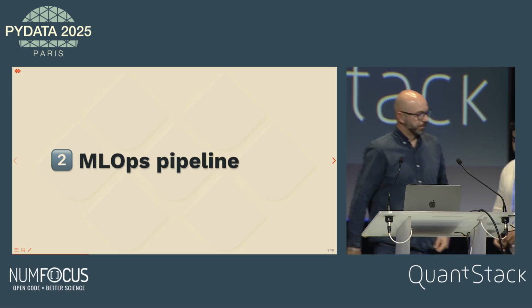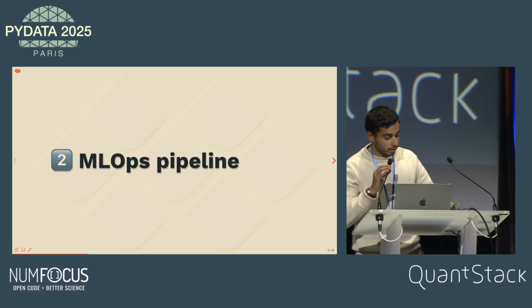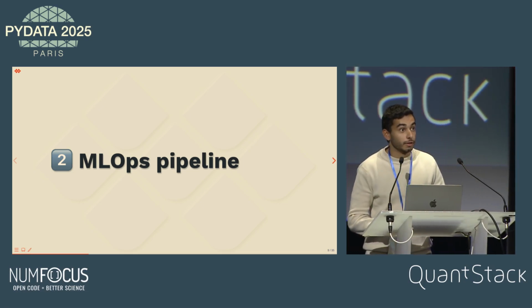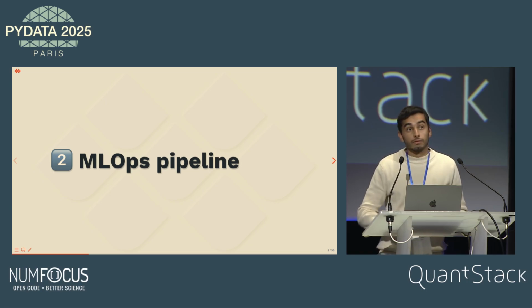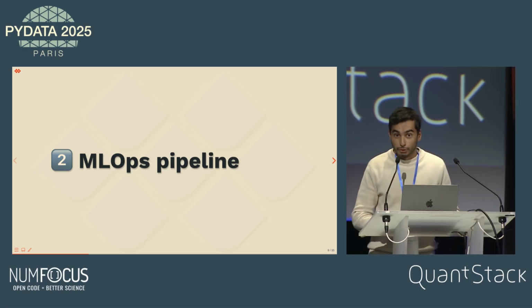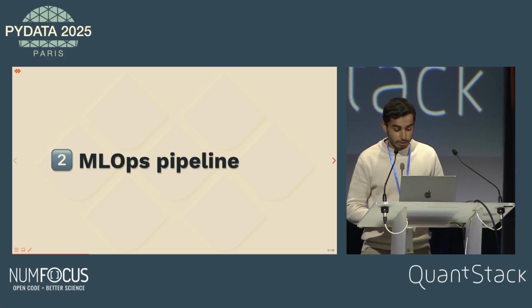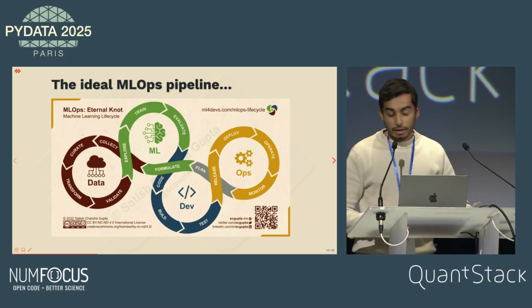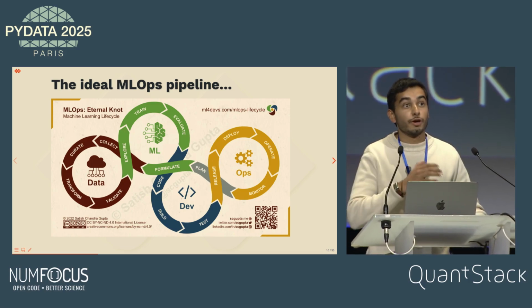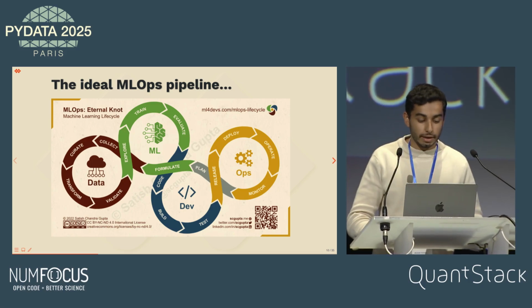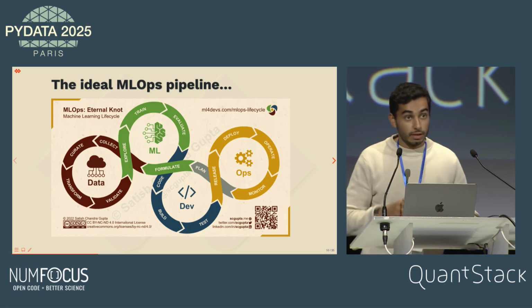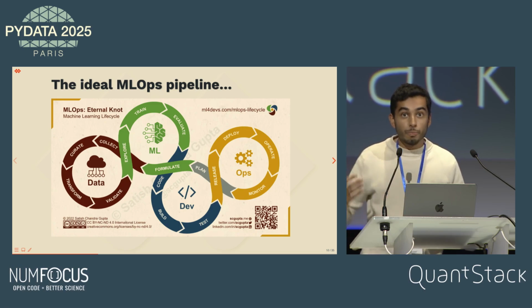So after this use case description, I will get deeper into the MLOps pipeline that we have currently at Insee, and where we are going to modernize it using PyTorch-based models. This is the theoretical ideal MLOps pipeline, which goes from data to ML model training and deployment, then operations, and then loops back into data.